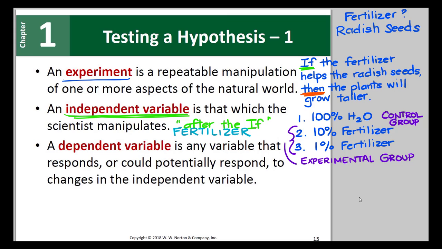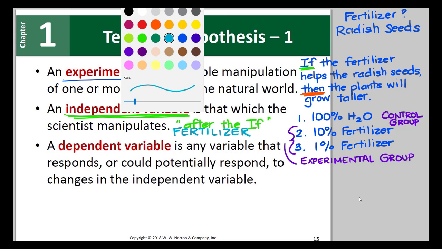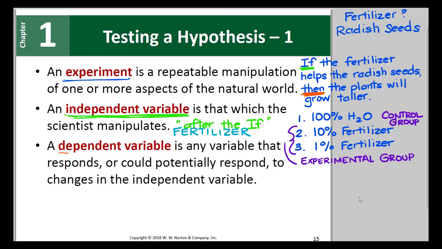Now, the dependent variable is going to be the one that comes after the then. And it's basically the response to the independent variable. I like to say that it's what's being measured.